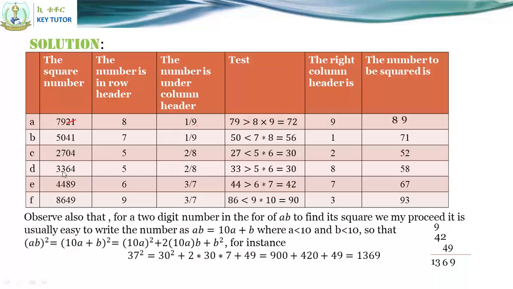Now, let us take 3,364. In the case of 3,364, still the last digit is 4. The number is in the row of 5.